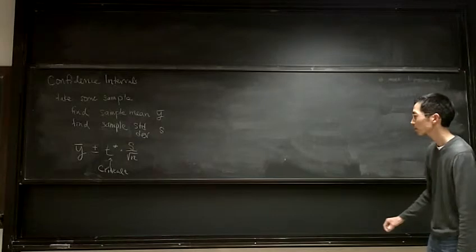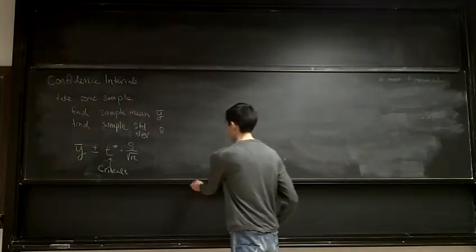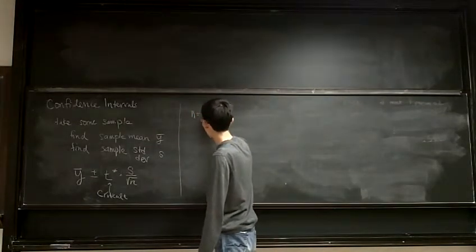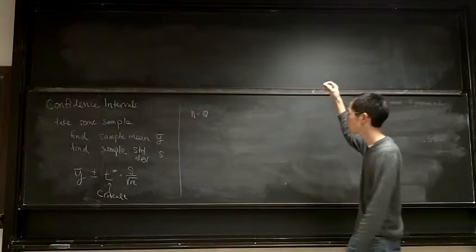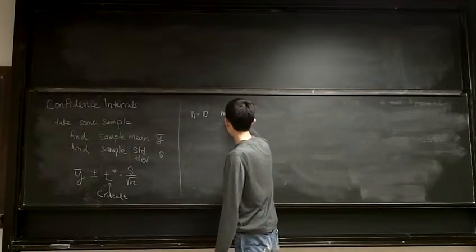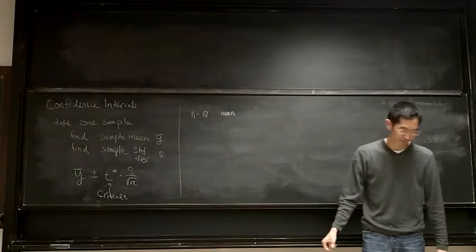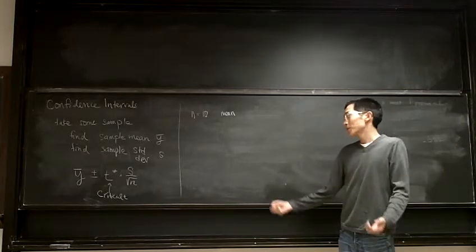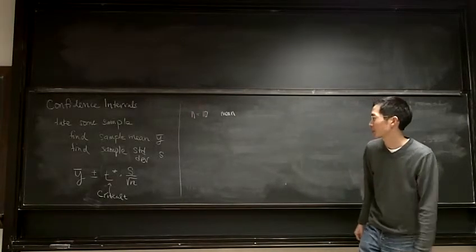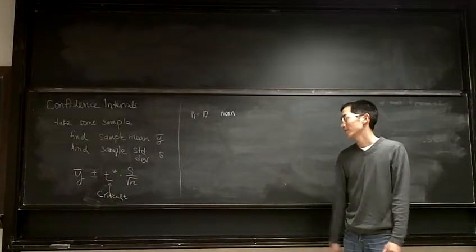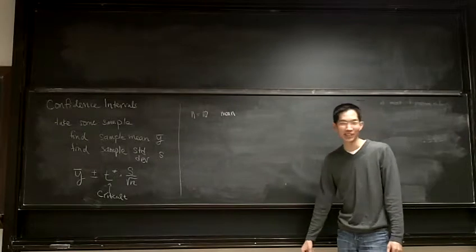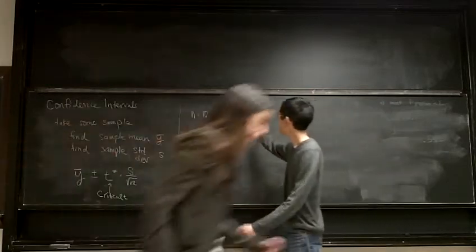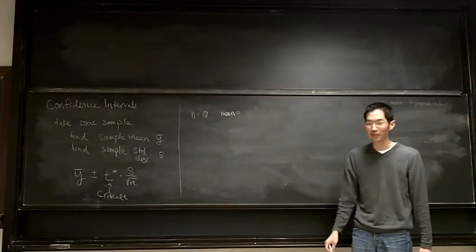We would say something like, if we took a sample of size n equal to 10, and we found the mean of this sample. Let's say something we're interested in is the weight of cats. So we take 10 random cats, feral cats, and we measure how much these cats weigh.